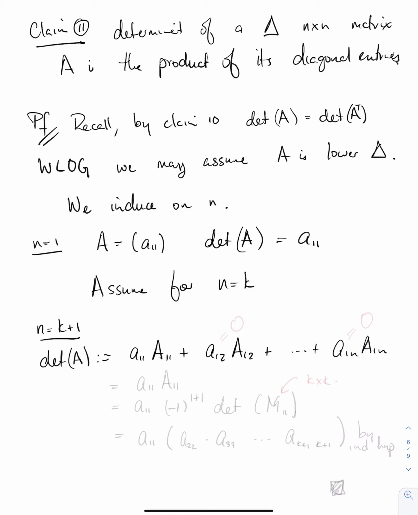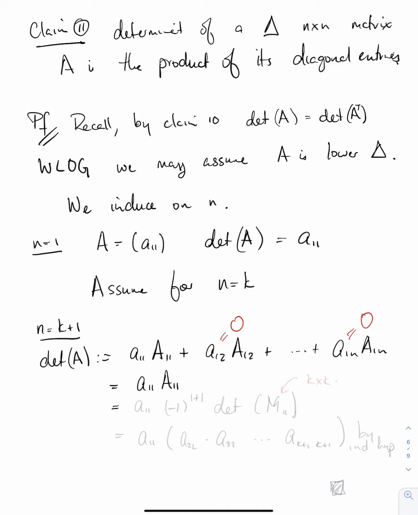But recall that A is lower triangular, so A12 is 0, A13 is 0, all the way up to A1n. So what we actually get is A11 times big A11.